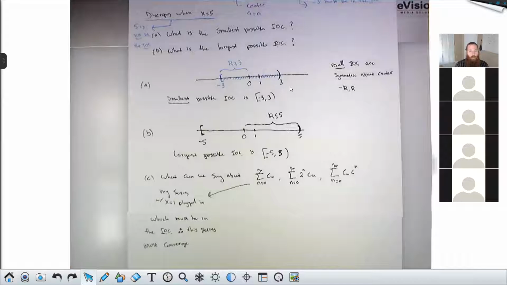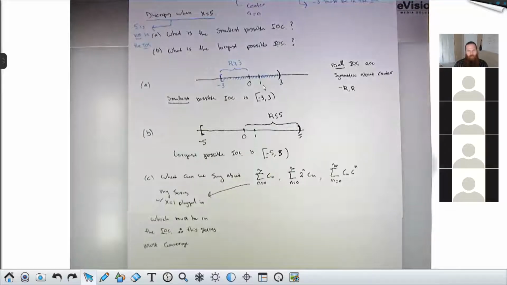Yes, no matter what's going on, 1 must be in the IOC, which means this series must converge. You really don't need to think about the largest possible IOC to answer this question, because if 1 is in the smallest IOC, then it's automatically in the largest IOC, right?